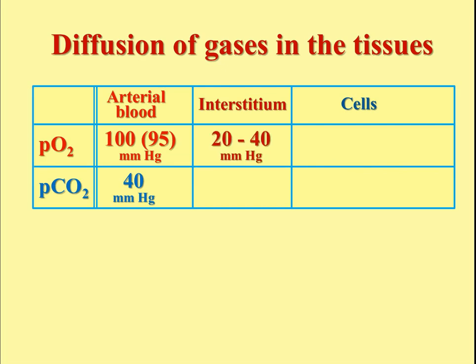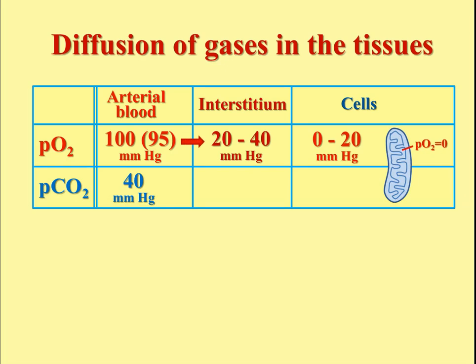So here it is from 20 to 40. The upper limit should be not higher than the venous value of PO2, and the venous value is 40. The cellular value is almost down to 0, but it's variable depending on intensity of metabolism in the cell. And the lowest value of oxygen is characteristic for mitochondria, where oxygen is used.